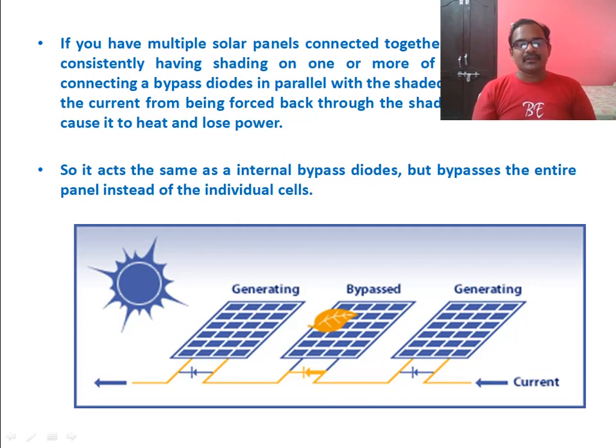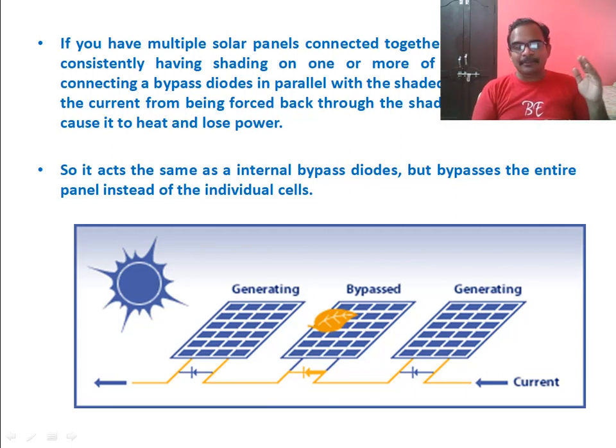Now what happens whenever shading occurs on any one of the panels? A shadow has fallen, so that particular solar panel stops generating power, and because it is producing a lesser voltage, the other 2 unshaded panels produce more voltage, and the current obviously flows from the generating panels to the shaded panel.